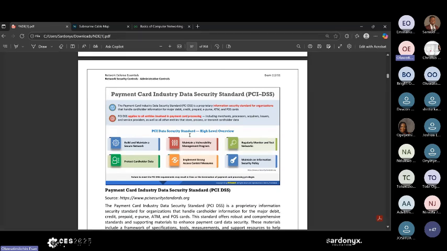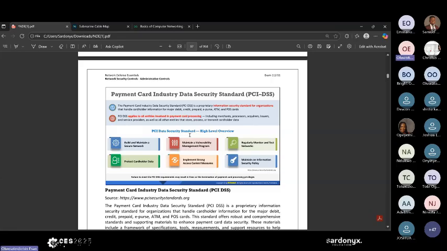So what is the high level overview? What is the purpose of PCI DSS? I mean, the card regulatory standard. You are meant to build and maintain a secure network for those card data you are holding. You are maintaining a vulnerability management program.